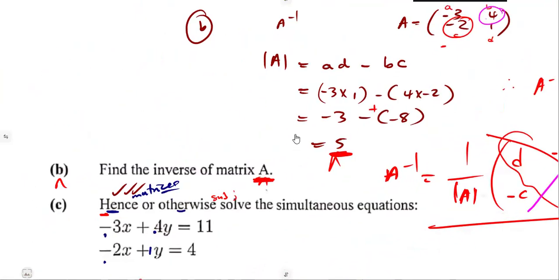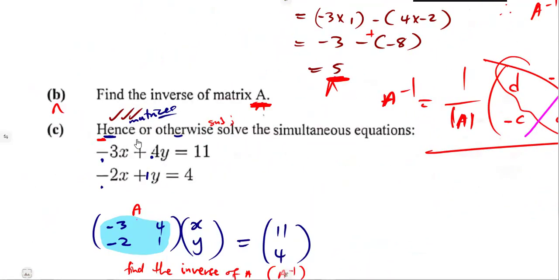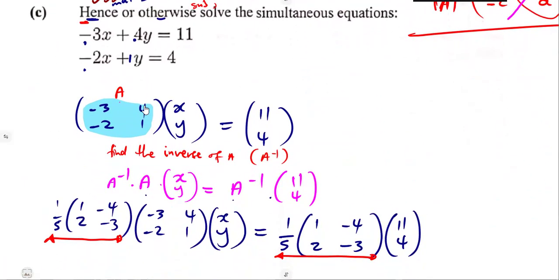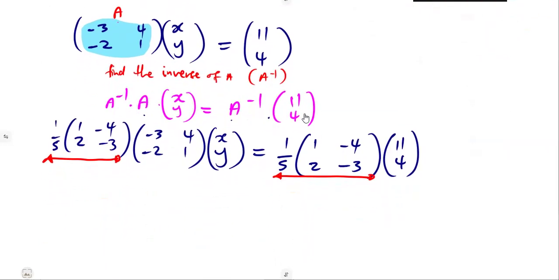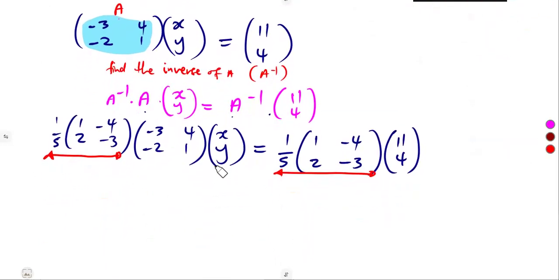That is why they put this word "hence," because they know you calculated something in that question that you are to use now. They are not going to tell you from where. Is it from B? Is it from item A or what? You are the one who is supposed to figure out where the "hence" was. Where am I taking it from? So that is it. Let's continue, guys.